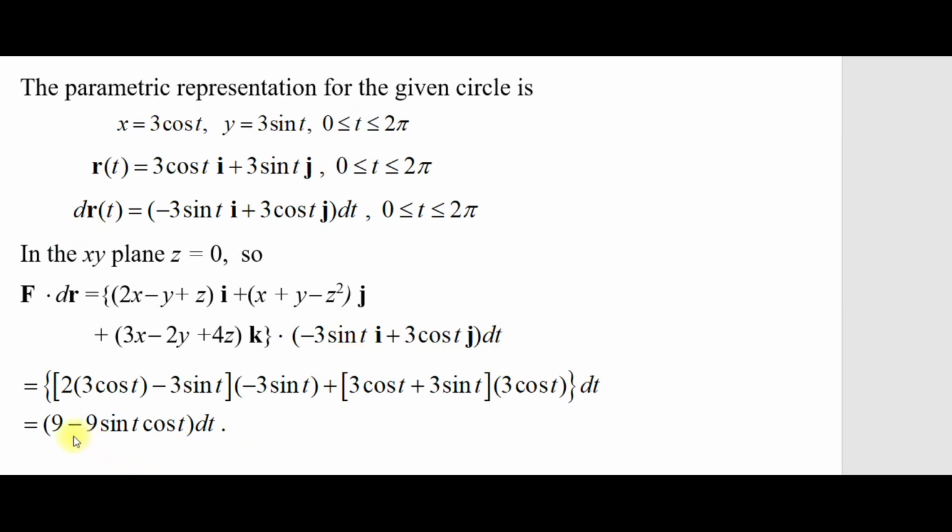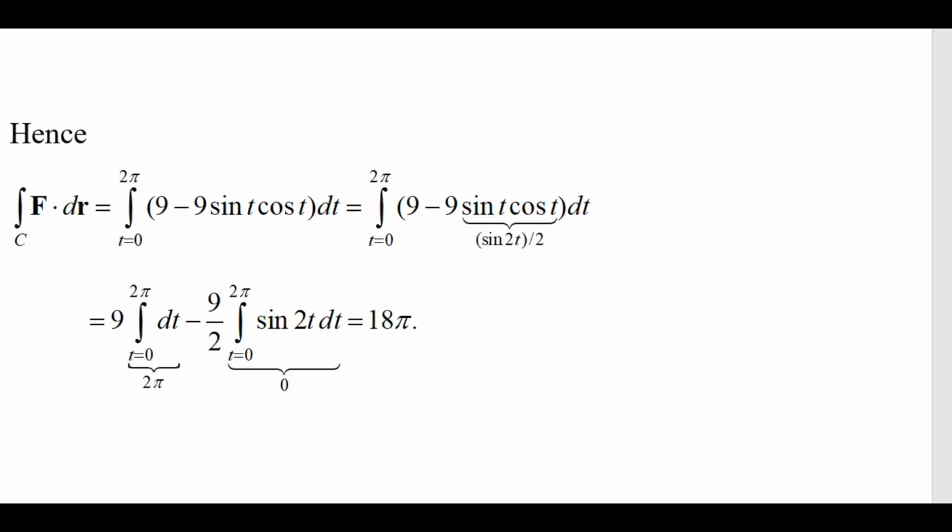On simplification we get this is equal to (9 - 9 sin t cos t) dt. Hence the required work done is the line integral of F dot dr, and that is the integral from 0 to 2π of (9 - 9 sin t cos t). Sin t cos t is sin 2t by 2, so this simplifies to 18π.